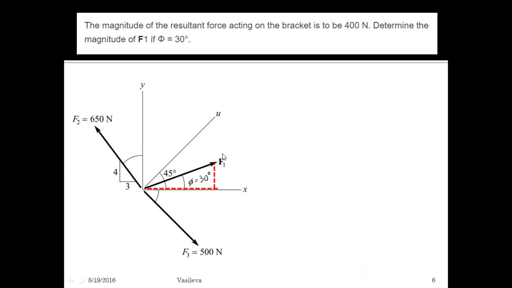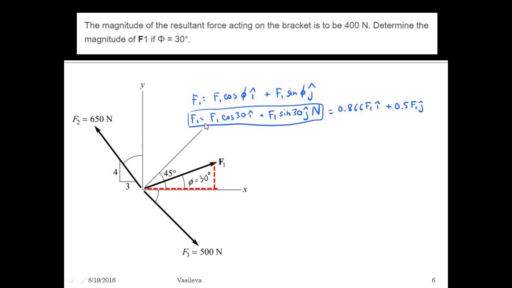So I'm going to start by decomposing all of the forces into Cartesian coordinates. We start with F1. F1 equals its x component plus its y component. In order to find the x component, we do cosine of 30.